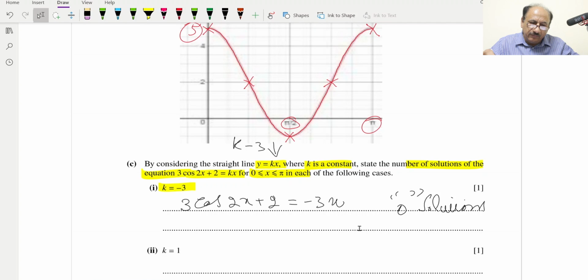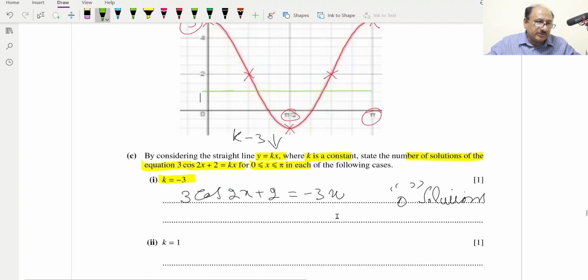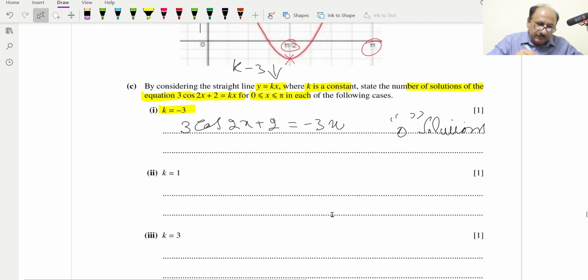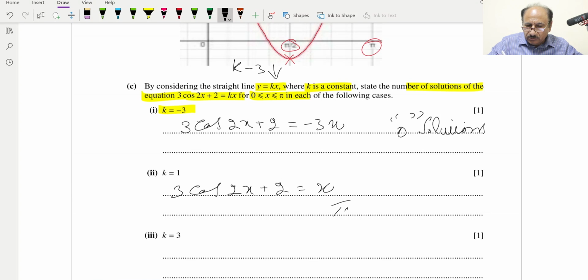K is equal to 1 will be intersecting at 2 points, like for example over here. This is k is equal to 1, so it will be intersecting at 2 points. So we can write the equation 3 cos of 2x plus 2 will be equal to 1x, or x. So this will have two solutions.